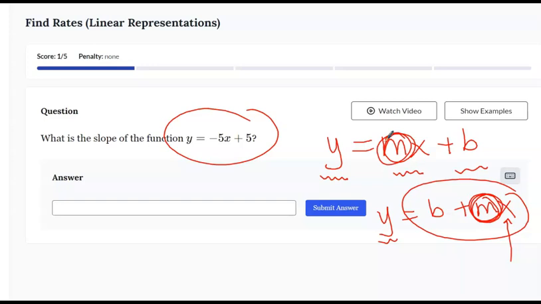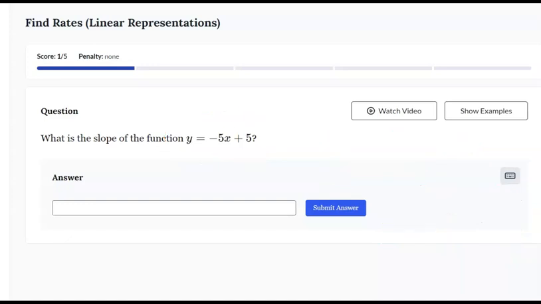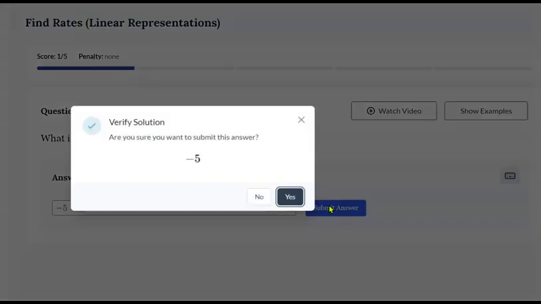So for us, here's the x, the y is alone, so this number is the rate of change, -5. So we're going to type that down here, and now we're going to try another question.